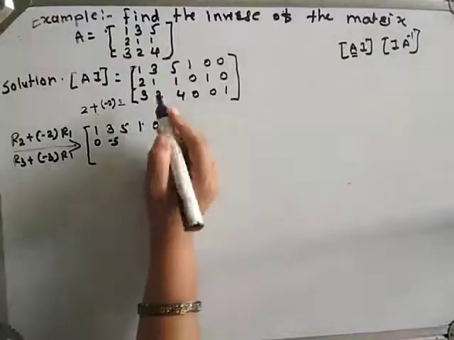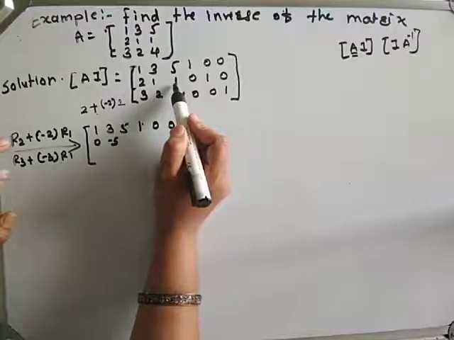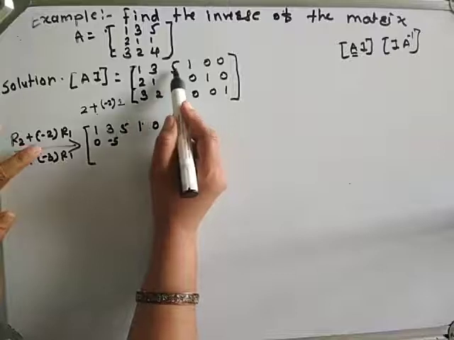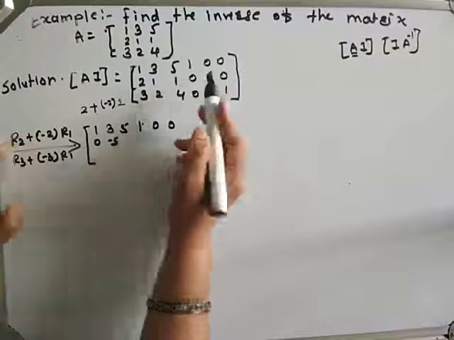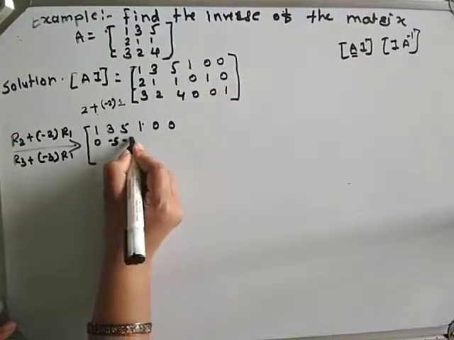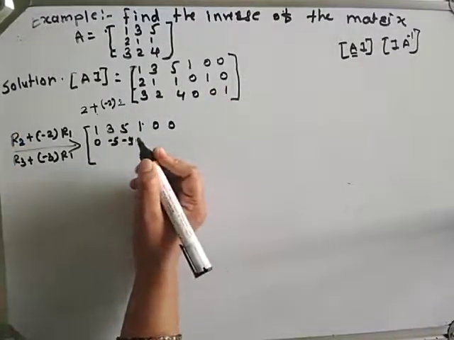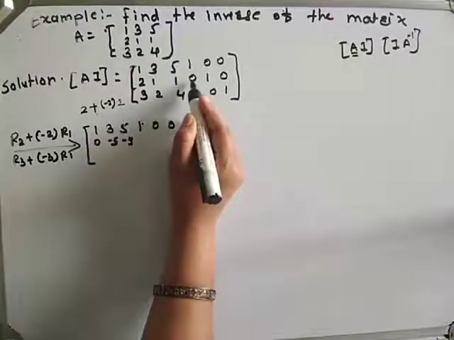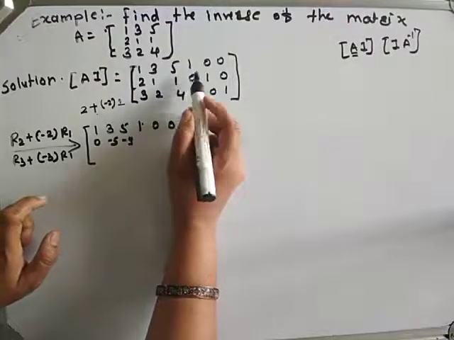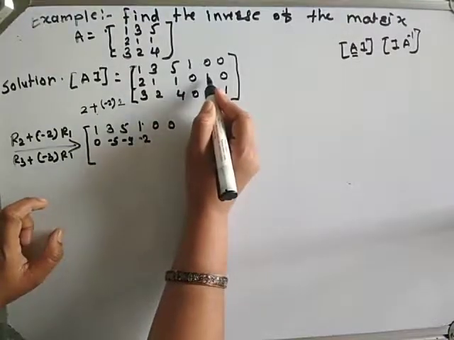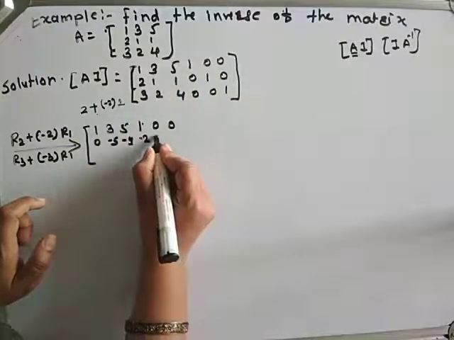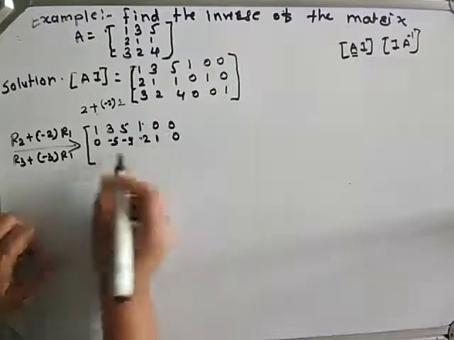Then 1 plus minus 2 into 5 means minus 10 plus 1, which is minus 9. Here 0 minus 2 is minus 2, 1 minus 0 is 1, and 0.